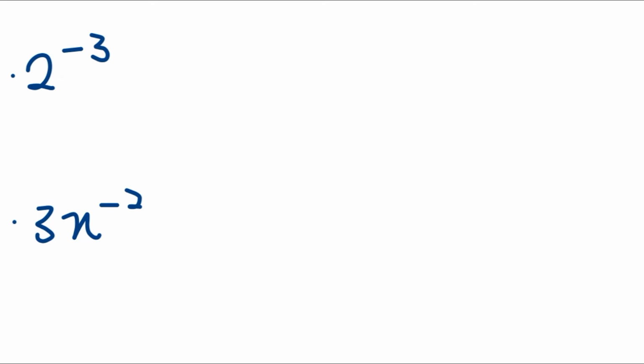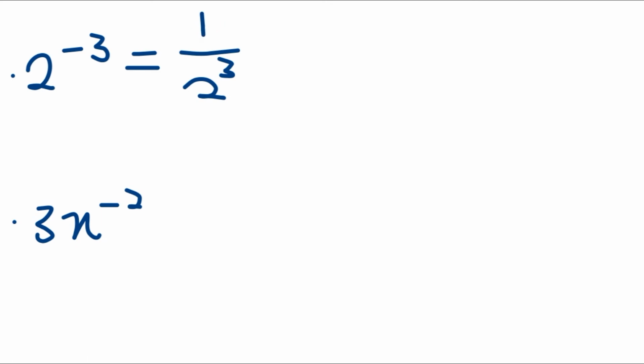Let's write that and see how it will look. It will be 1 over 2 to the power of 3. You see, this negative sign becomes a division line, 2 sits on the denominator, 3 is now positive, and the numerator is 1.